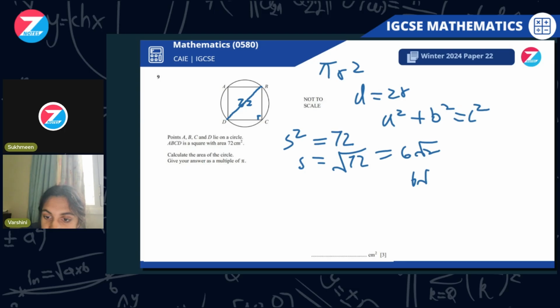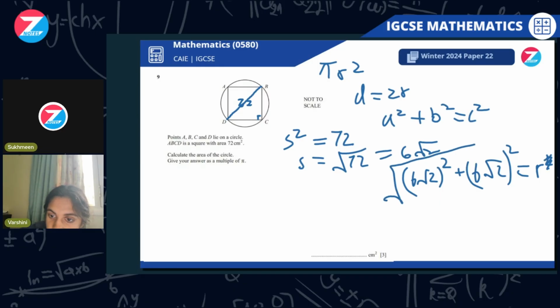So 6 root 2 whole squared plus 6 root 2 whole squared. And we can also take the root of this, so you can just directly put this in your calculator. I think that'll be a lot easier. And you should get 12.